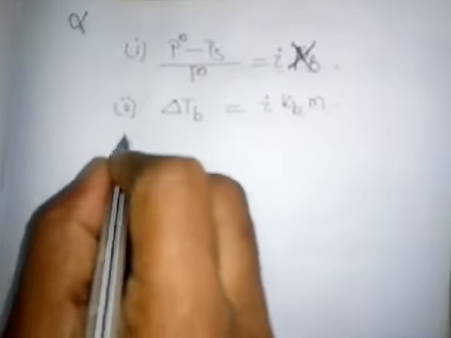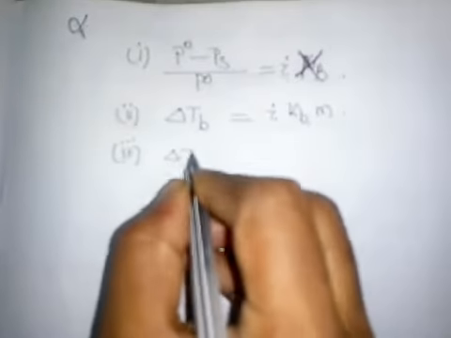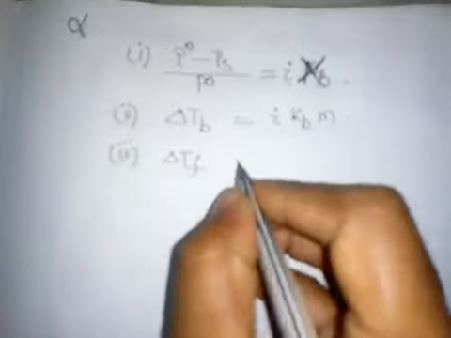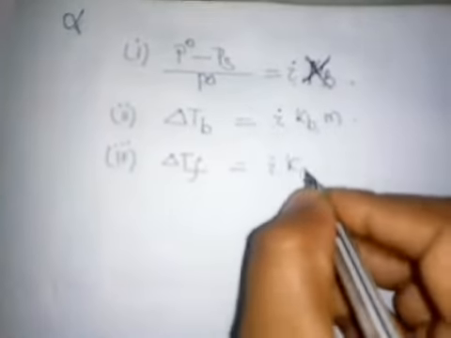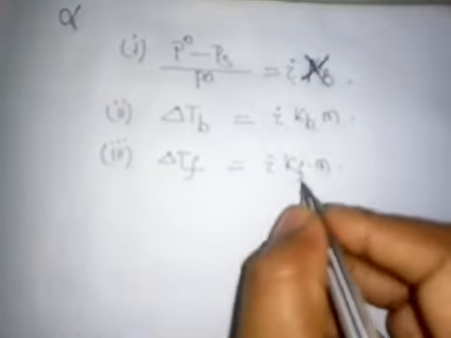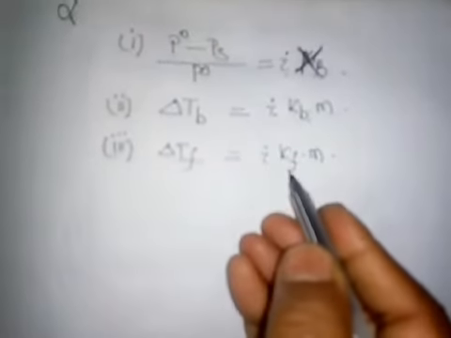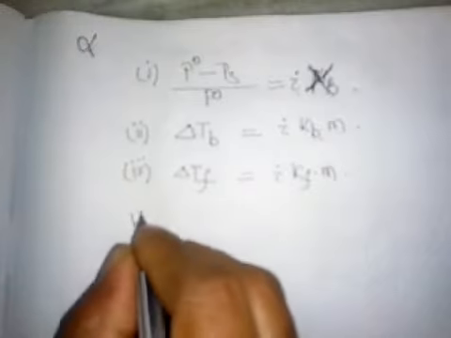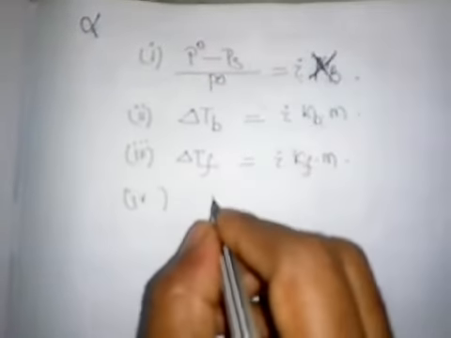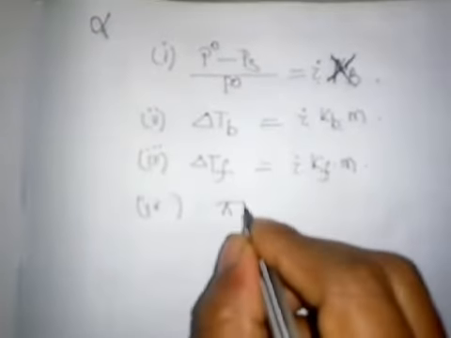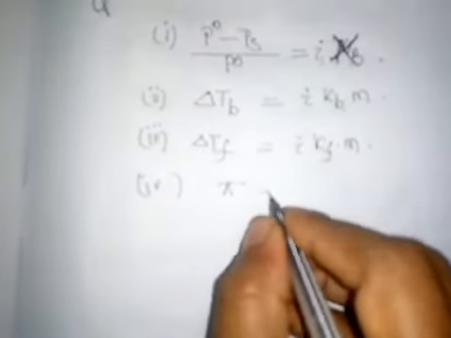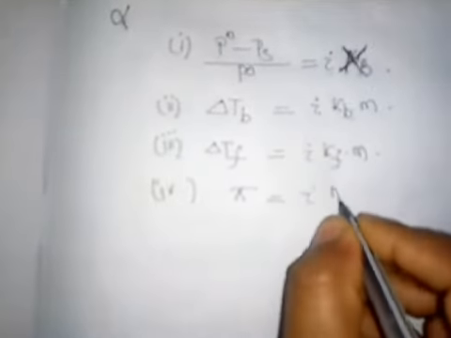The third colligative property can be modified as delta Tf is equal to i Kf into m, where Kf is the molal depression constant. The fourth colligative property is pi, that is osmotic pressure, equal to i n by V RT.